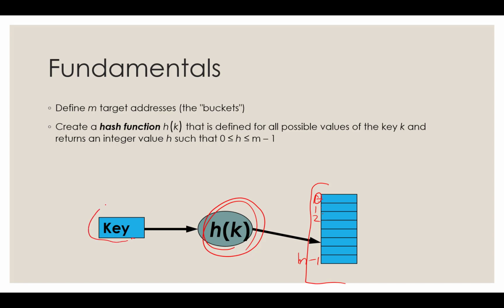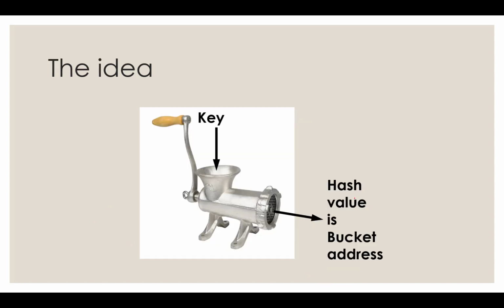When you feed a key into this hash function, it returns an integer value h between 0 and m minus 1, and depending on that value, the record is placed in one of these buckets. Each bucket has multiple entries. So this is the basic idea: you feed in the key, and it returns the address of the bucket where the record is supposed to go.